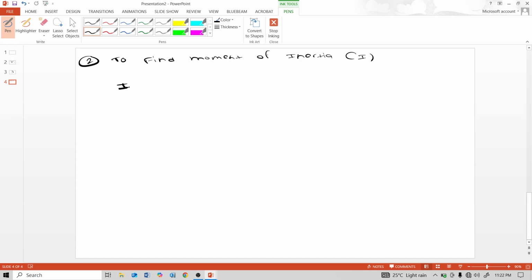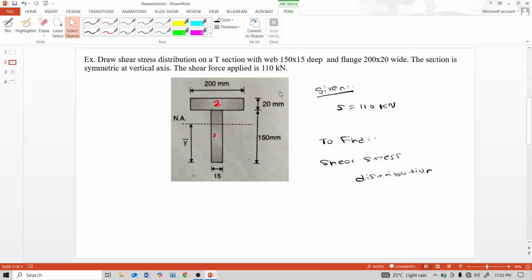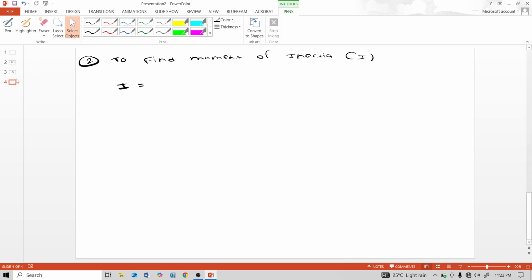Moment of inertia capital I is equal to Ixx1 for the web portion about its own axis and Ixx2 for the flange portion about its own axis. The summation of both is the moment of inertia of this T section. Ix1x1 is for the web portion, and Ix2x2 for the flange portion.